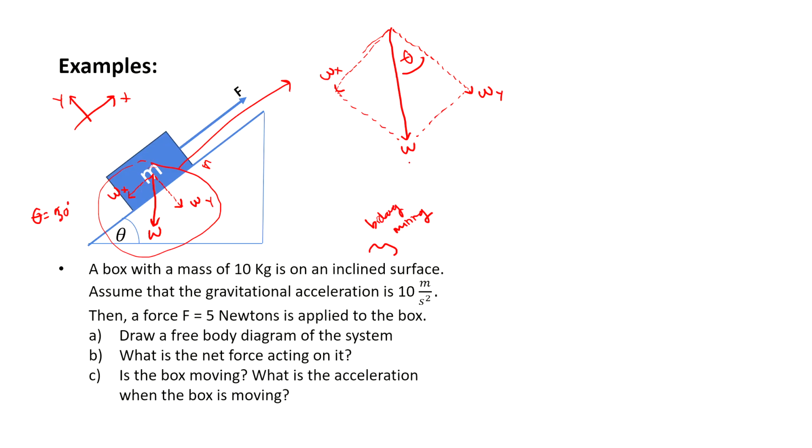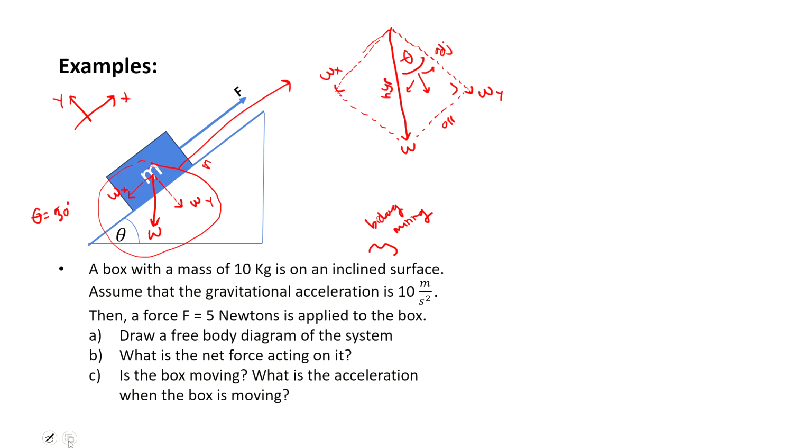or the weight force W. We have to remember again the concept of trigonometric ratio. This side is the opposite side, because it's in front of the angle, this side is the adjacent side, and this side is the hypotenuse.